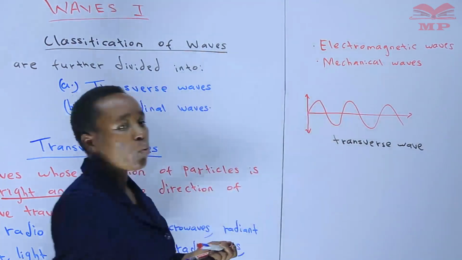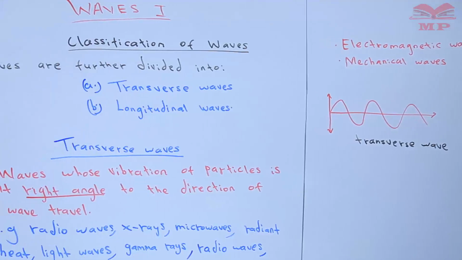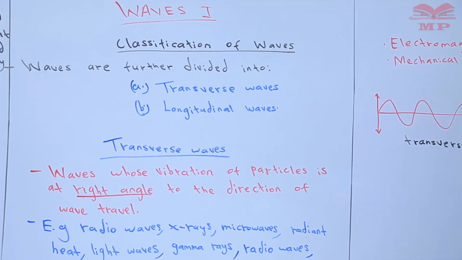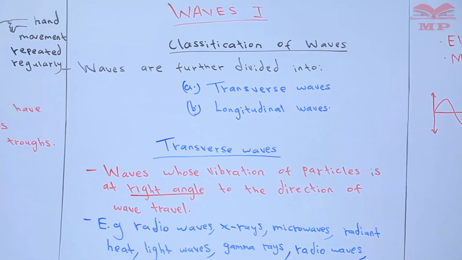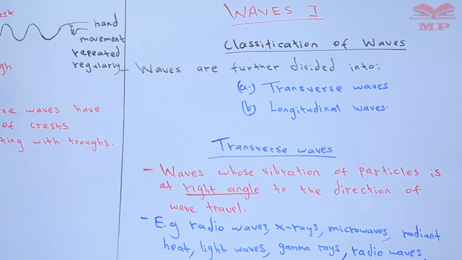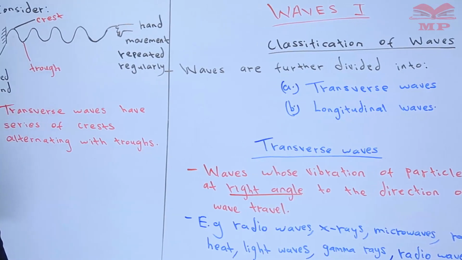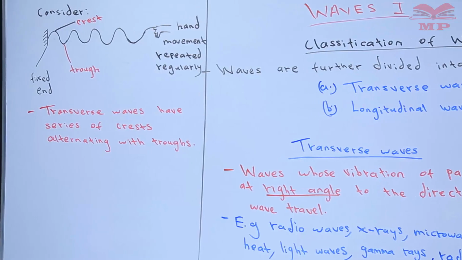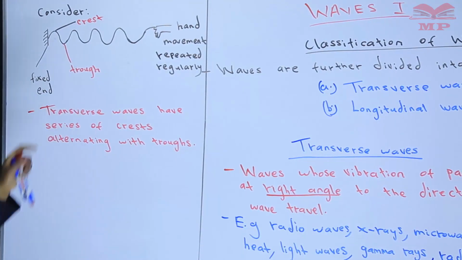It has a series of crests alternating with troughs. So that is what we are referring to as a transverse wave.